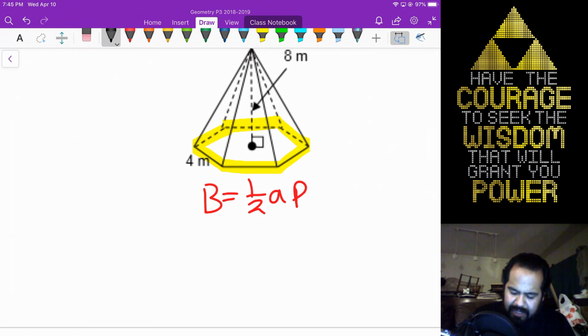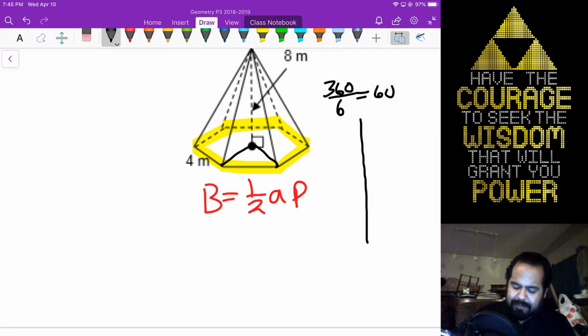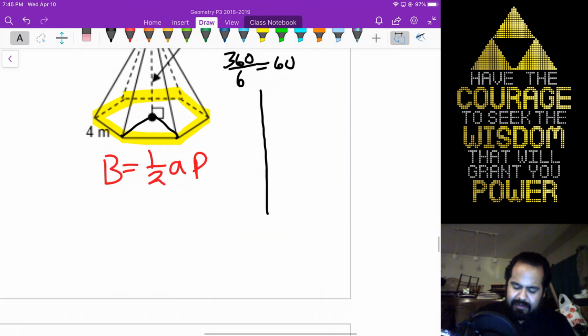So, we're going to have these little triangles inside of here. 360 divided by 6 sides, that's going to give us 60. And then, of course, we are going to resort back to our slicing in half to get the apothem.